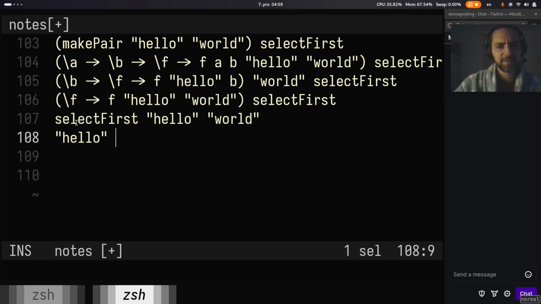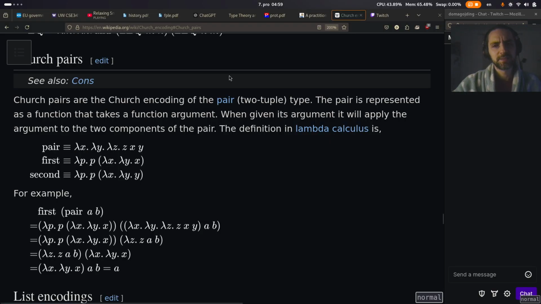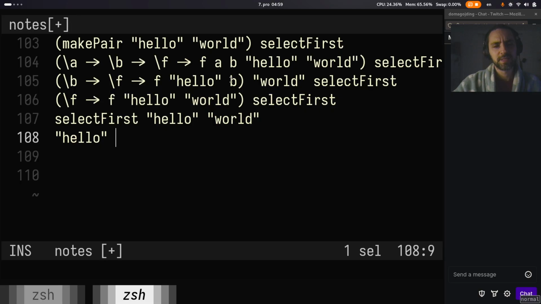Because I did select first and then select second. Select first. Yeah, I'm still not sure. How would I create a list or something? And make pair. Hello world, make pair.